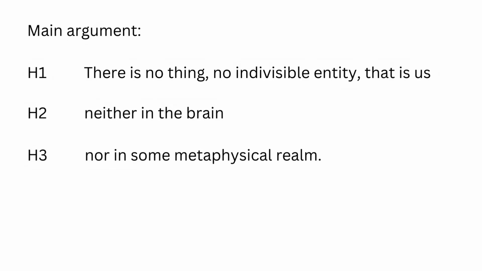First, there is no thing, no indivisible entity that is us; second, neither in the brain, nor, as a third hypothesis, in some metaphysical realm. Those three hypotheses taken together are, in my opinion, the main argument that he makes in this introduction.